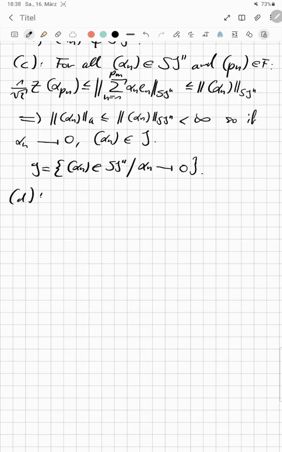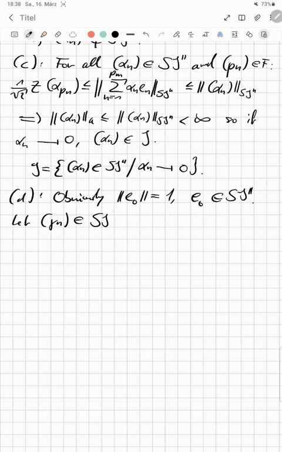And for D, we see that obviously the norm of E0 is 1, and E0 is actually a part of the space. Now let gamma n be a vector from that space and put gamma to be the limit of that sequence gamma n. And we know that this limit exists because that was B. They all have a limit.